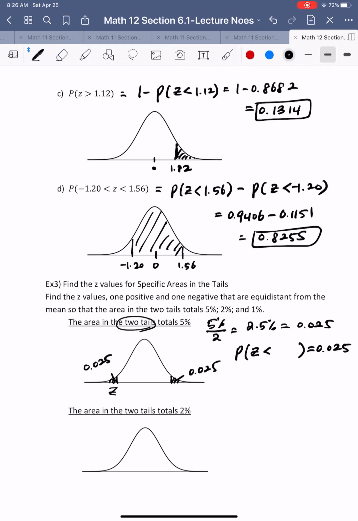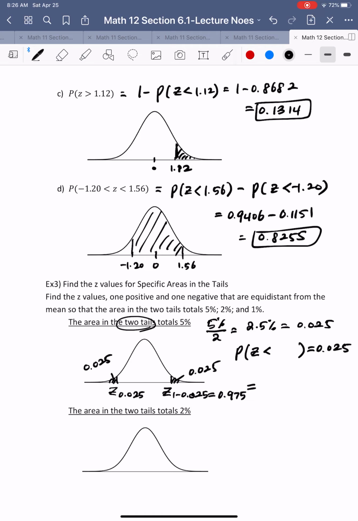It's going to be 0.025, and also this is 1 minus 0.025, which is 0.975.